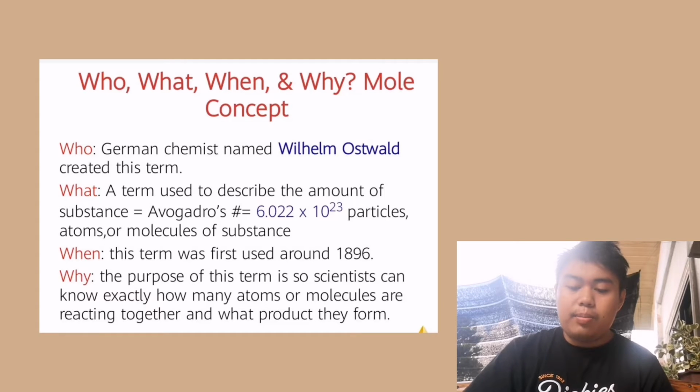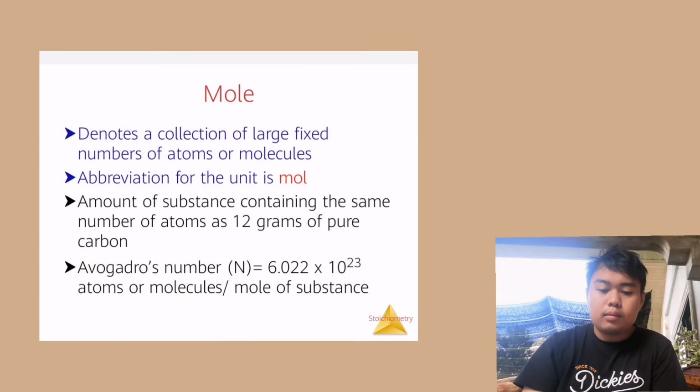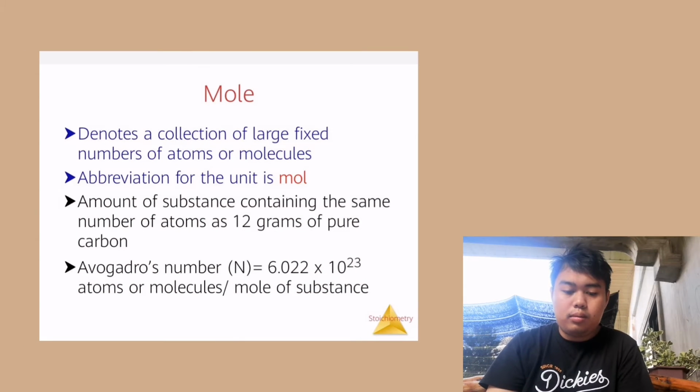Why? The purpose is so scientists can know exactly how many atoms or molecules are reacting together and what product they form. Mole denotes a collection of a large fixed number of atoms or molecules.